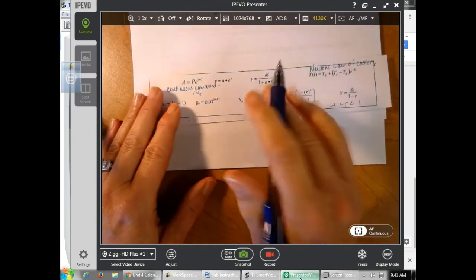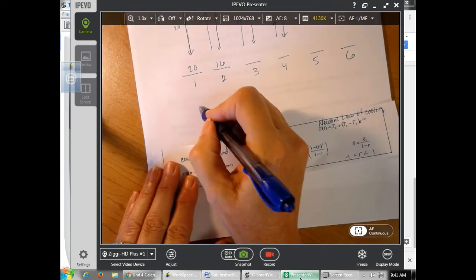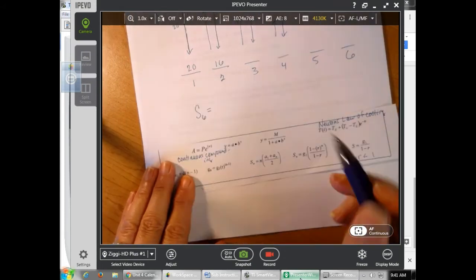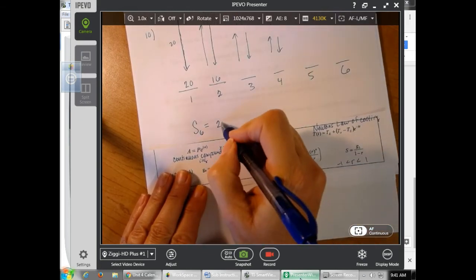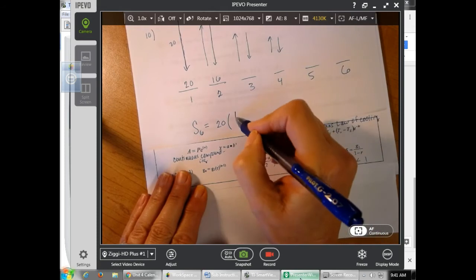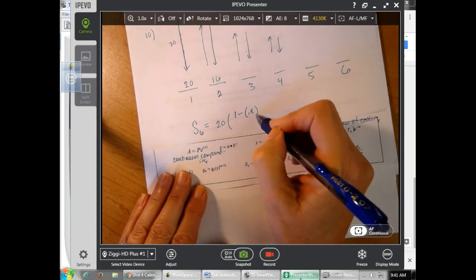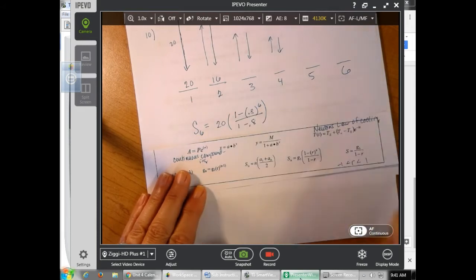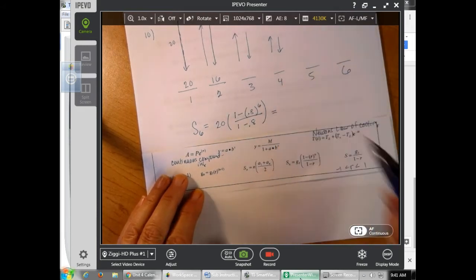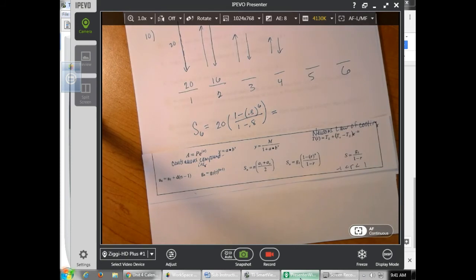So let me just plug everything in. So I have summation through the 6th term is going to be the value of the first term, which is 20, 1 minus my ratio of 0.8 raised to the 6th and then divide by 1 minus 0.8, which of course is just 0.2. So plug that in your calculator and see what you get.